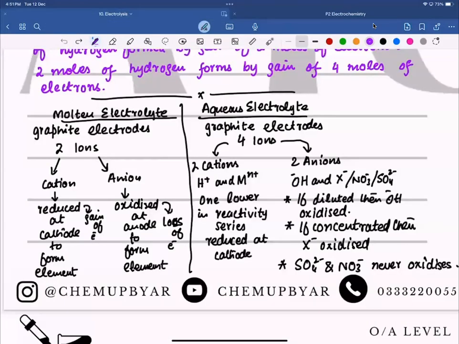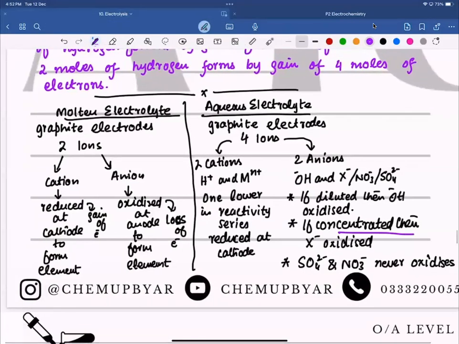It's concentrated. If concentrated, then X negative is oxidized, the halogen. If diluted, then hydroxide is oxidized. See the above point; this one is not for here, because there are 2 ions only on the right side where we are talking about aqueous electrolysis.